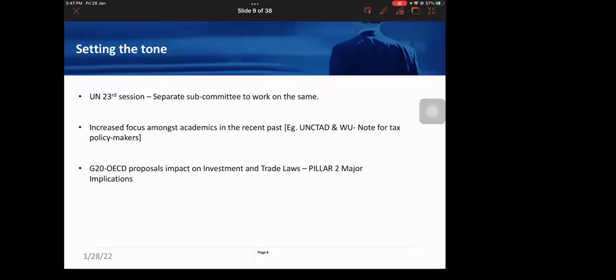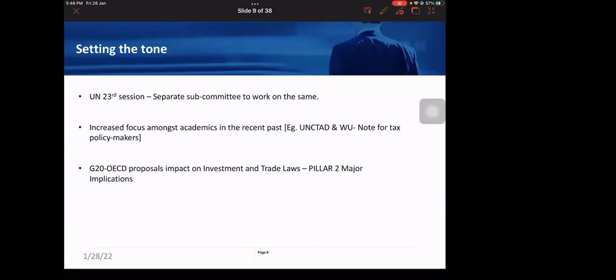UNCITRAL Working Group 3 is largely working on reforms of ISDS. Why does it need reforms? What are the issues? We will look into it. But all I'm trying to say is there are a lot of overlaps, interplay, and mutual learning from different fields, which all come under the single umbrella of international economic law.